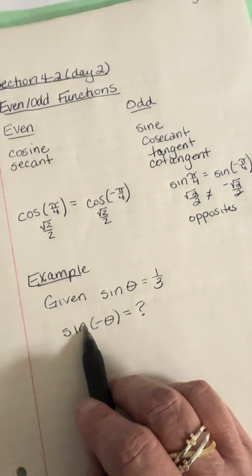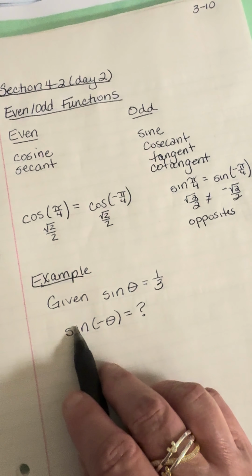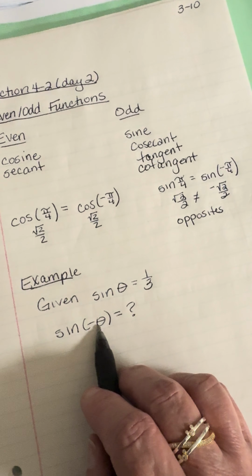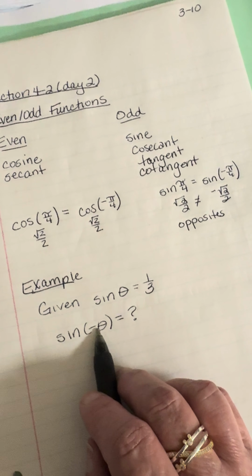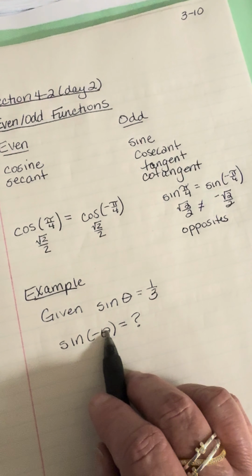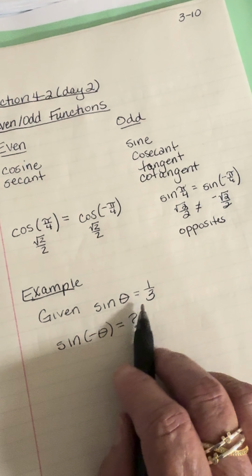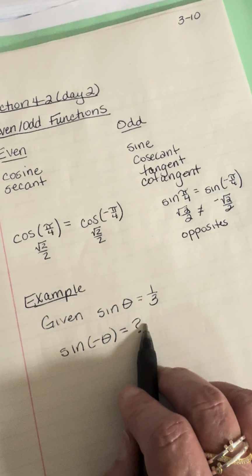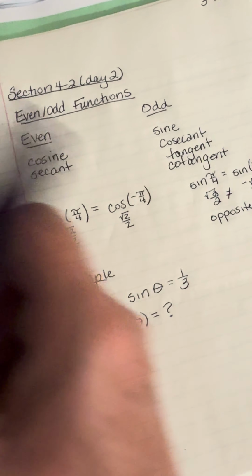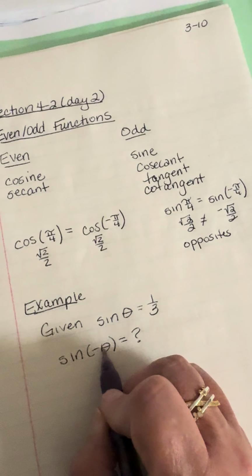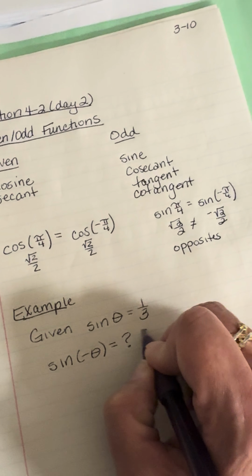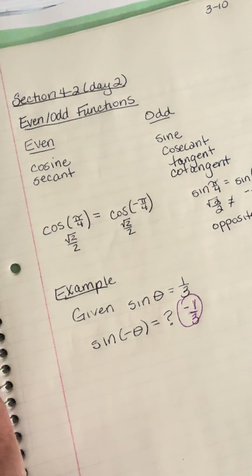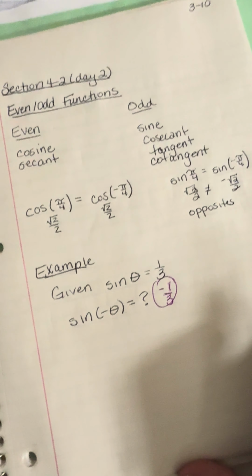Well, the sine value is obviously going to be the same value because those are both y values, but our angles here are not the same. So then you have to stop and think, since these angles are opposite of each other, is it opposite and odd, which means my answers would be opposite, or is it opposite and even, which means my answer would be the same? Well, here sine is an odd function, so since we're taking the opposite angle there, my answer would be the opposite. So my answer would be negative 1/3. That's all they're asking you to do with it.